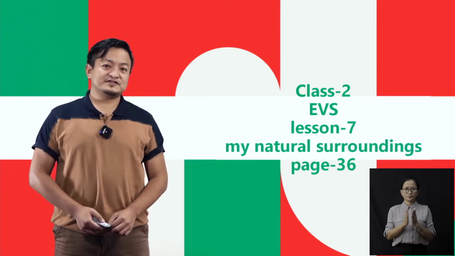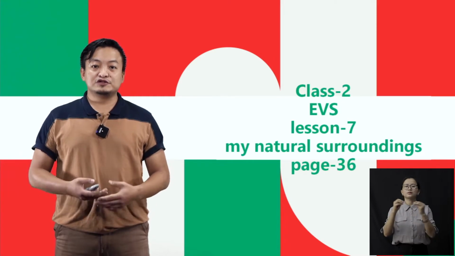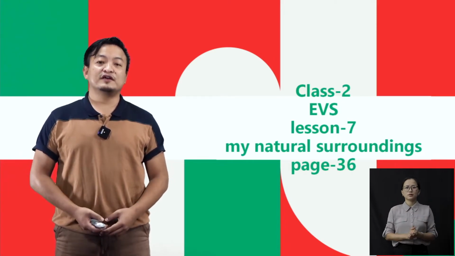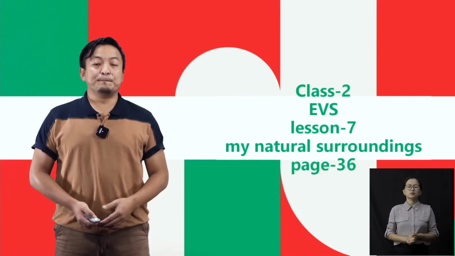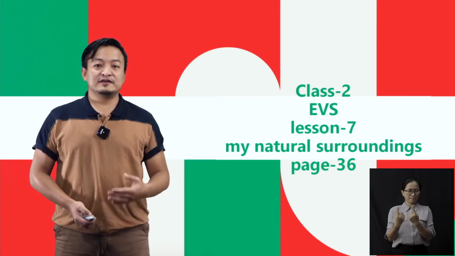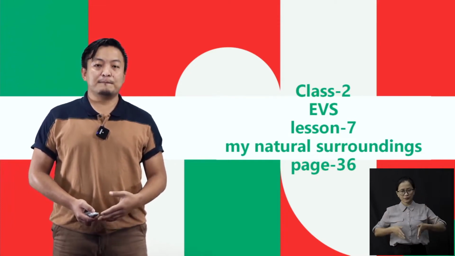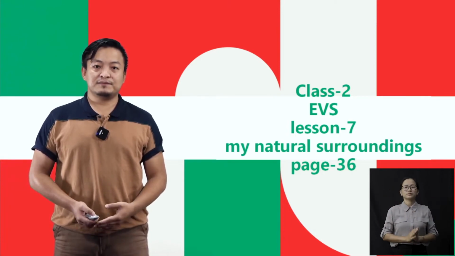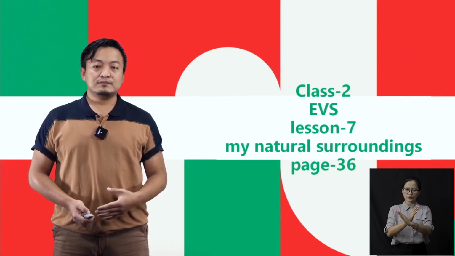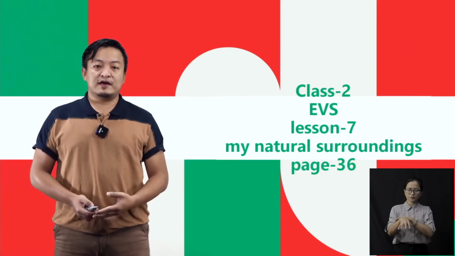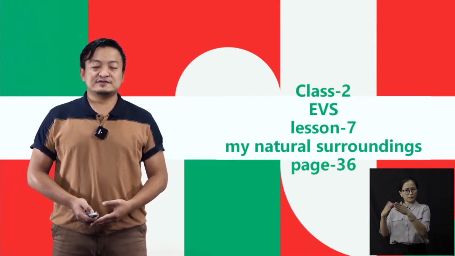Now after studying this lesson, students, you will learn about the natural features, the importance of natural features, and different types of natural features such as plains, hills, valley, river, mountain, etc. And also we will learn the importance of protecting wild animals and also the importance of trees and forests. So students, let's get started.